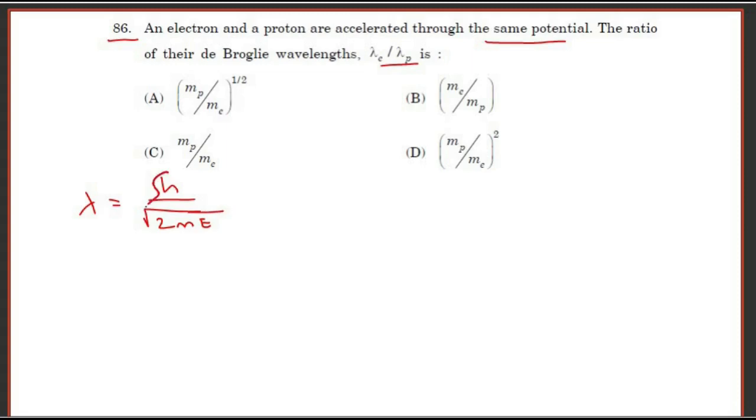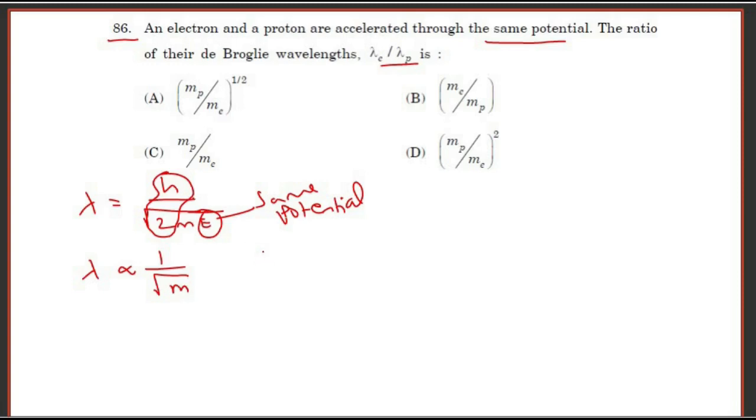Here h and 2 are constants and V is also constant, because they have given the same potential. Here lambda is inversely proportional to square root of m.